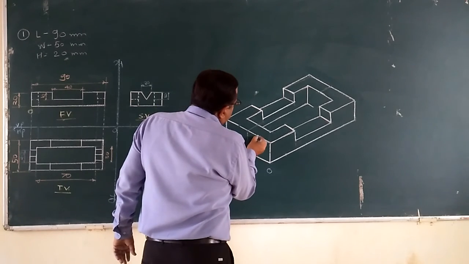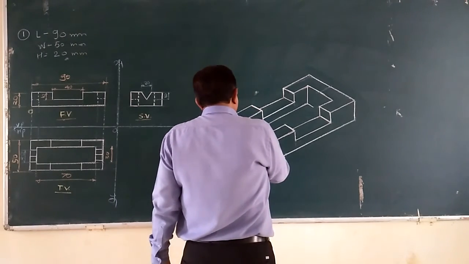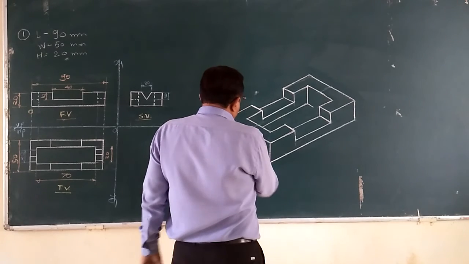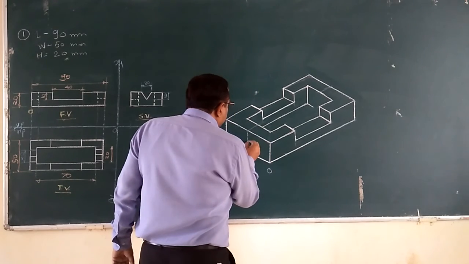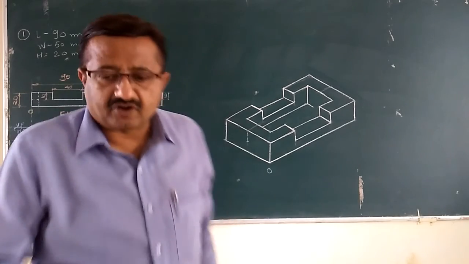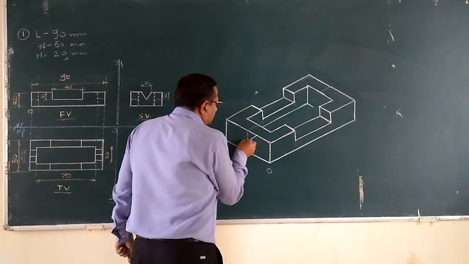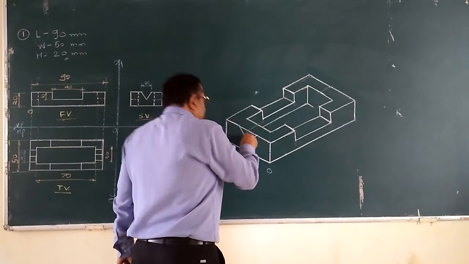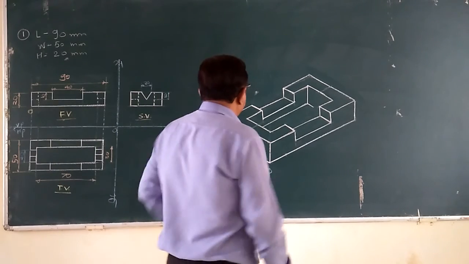We can mark that distance by compass or by scale. No problem. Okay. Depth is also 10, vertically also 10. Now that V notch, I will draw that. I have marked on this left extreme surface.